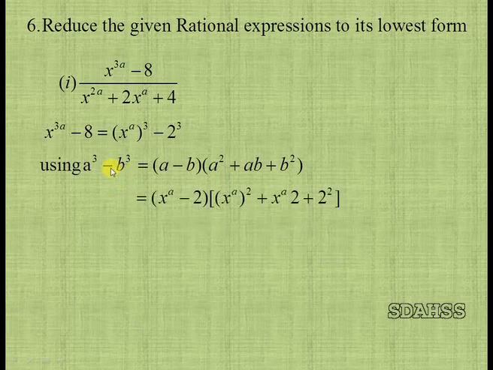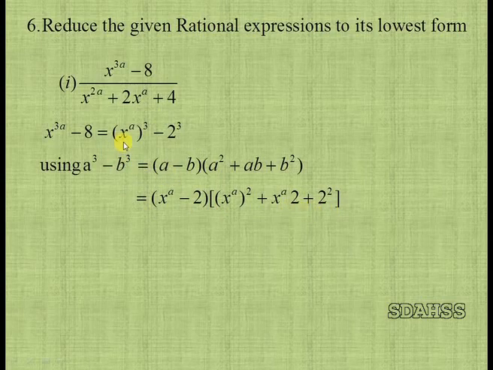So x power a whole power 3 minus 2 cube can be written as x power a minus 2 into x power a whole square plus x power a into 2 plus 2 square.